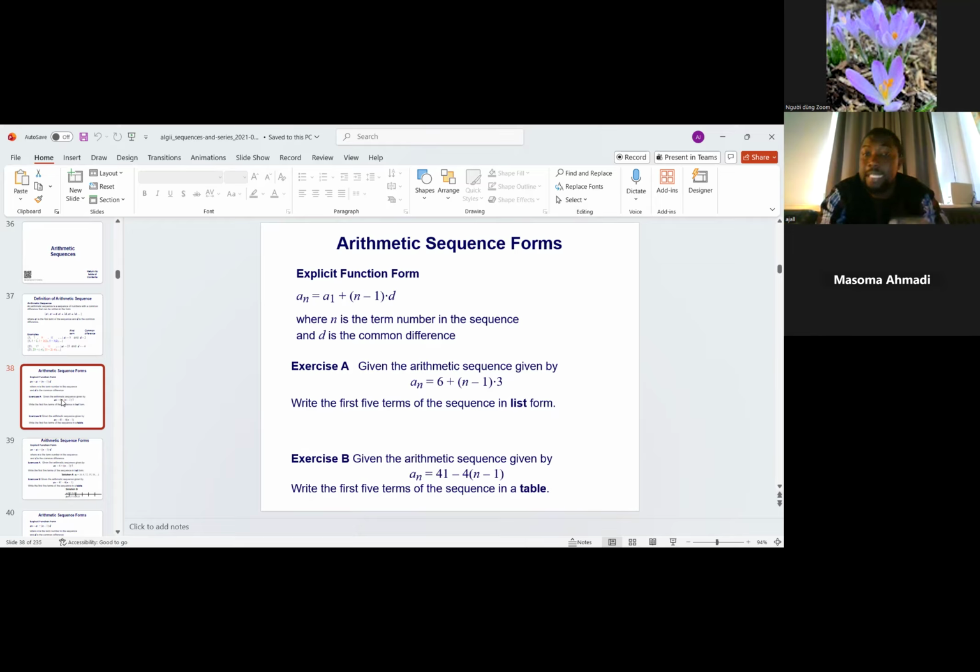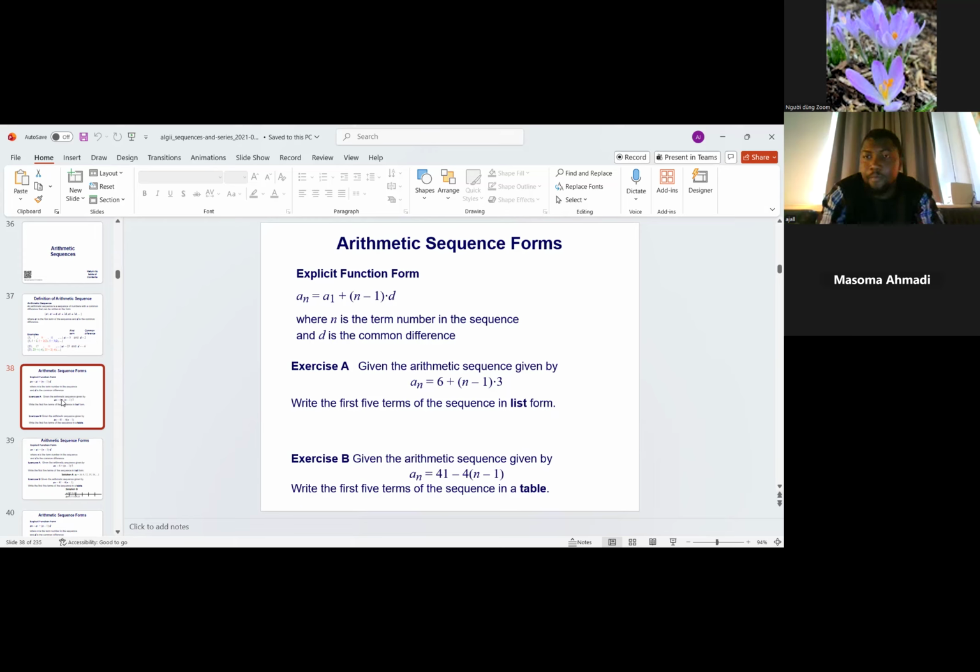Now, d there represents the common difference between the terms. Because it's an arithmetic sequence, there must exist a constant difference between the terms. So d refers to that constant difference, that common difference that is coming between each term. And n in this formula represents the number of terms.